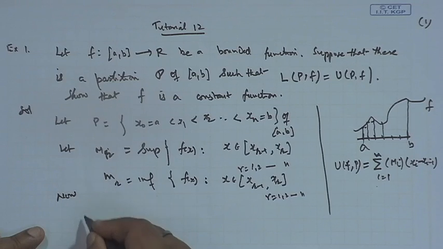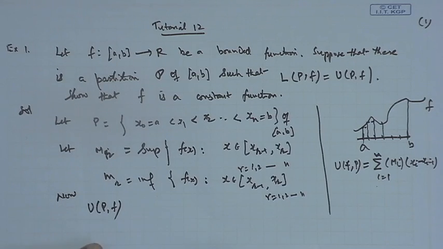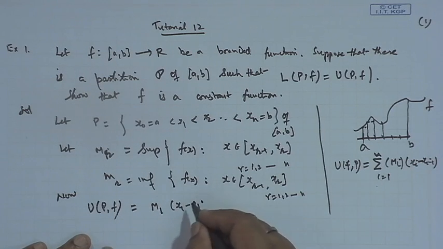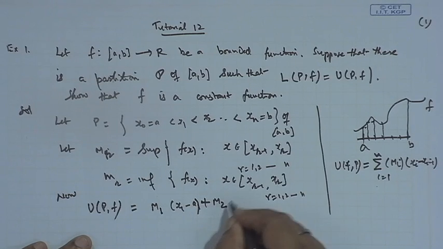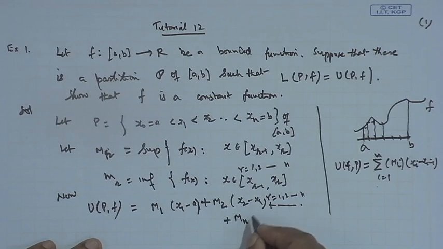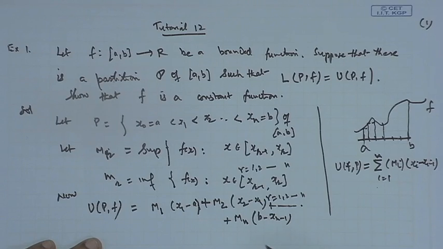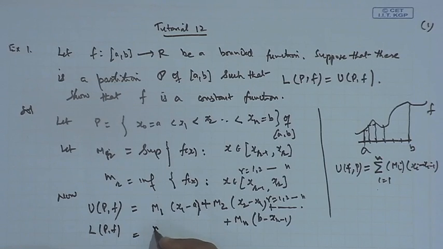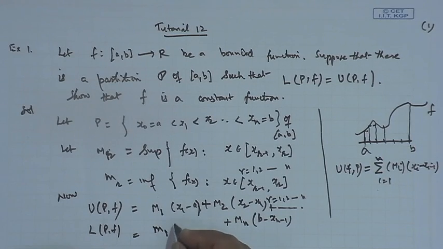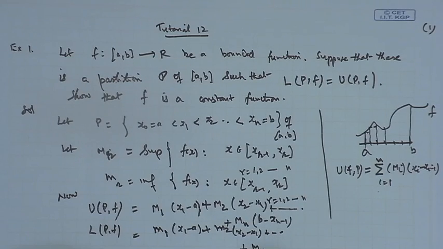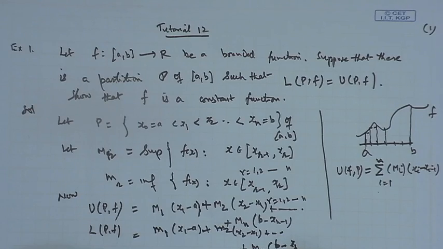So, the upper sum of the function f over the partition P is nothing but M_1(x_1 minus a) plus M_2(x_2 minus x_1) and so on, plus M_n(b minus x_{n-1}), and the lower sum is equal to small m_1(x_1 minus a) plus small m_2(x_2 minus x_1) and so on, plus small m_n(b minus x_{n-1}).